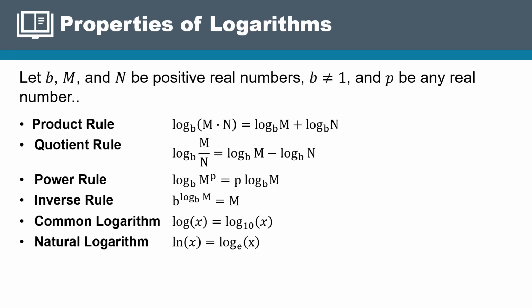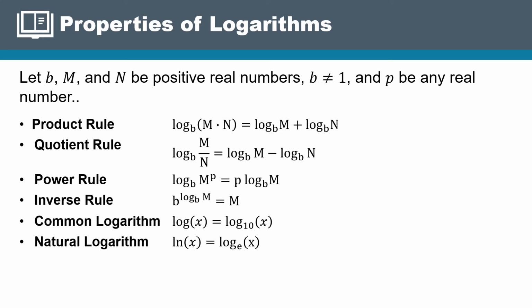Properties of logarithms. Let b, m, and n be positive real numbers, b not equal to 1, and p be any real number. So when we're working with logarithms, we have different rules that we may use. First is the product rule, meaning if I'm multiplying two numbers or two expressions inside the parentheses in a logarithmic expression, then log base b of m times n is going to equal the log base b of m plus the log base b of n.